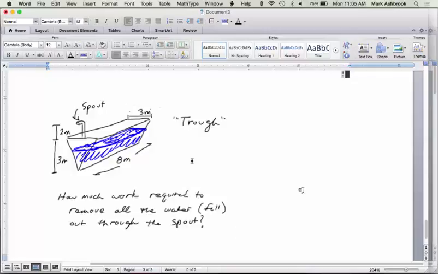One more time: yours is full. The total work for a full trough, to get all the water out of a full trough. The picture I'm showing would be like when you were halfway done.